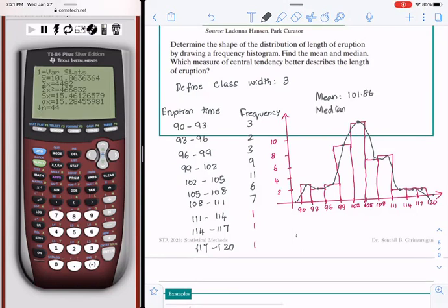My initial guess is perhaps the data could be normal, but I see a lot of weird things going on. The median is 103.5. They're not very close to each other. They're slightly off. So which one would describe the length of eruption better in this case?